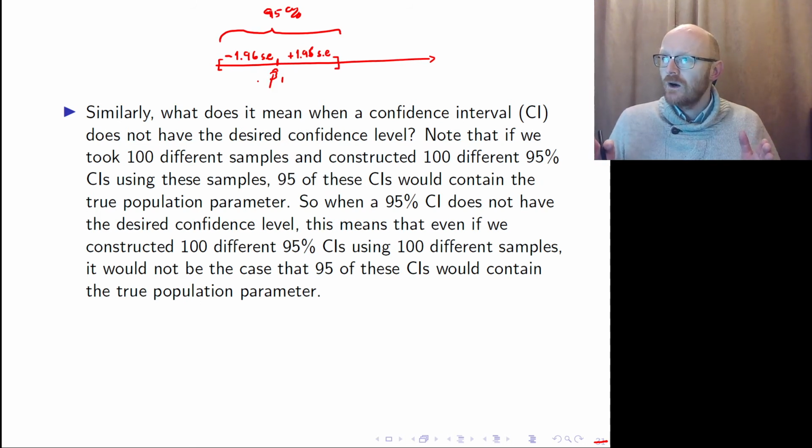Okay, so if we repeat the analysis, then in 95% of the cases, we should be able to capture the true beta 1. Okay, so you can show this like this.